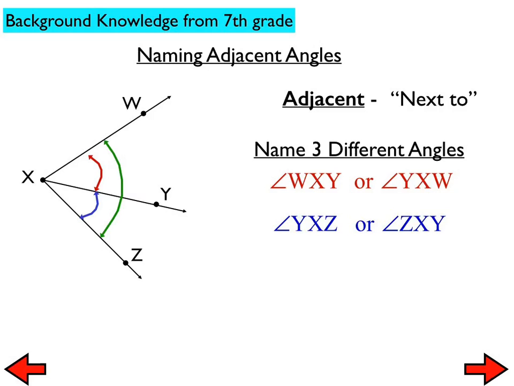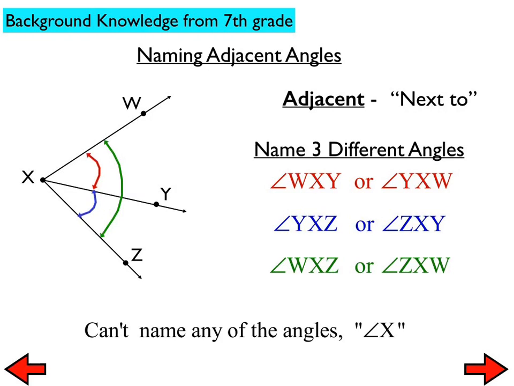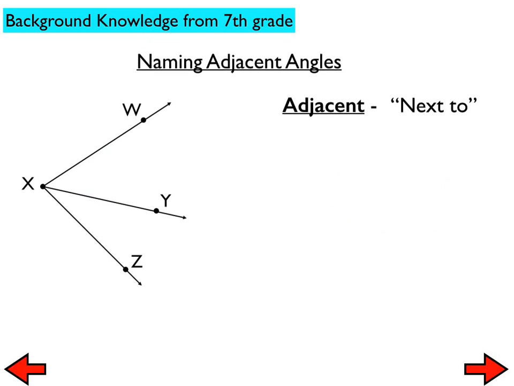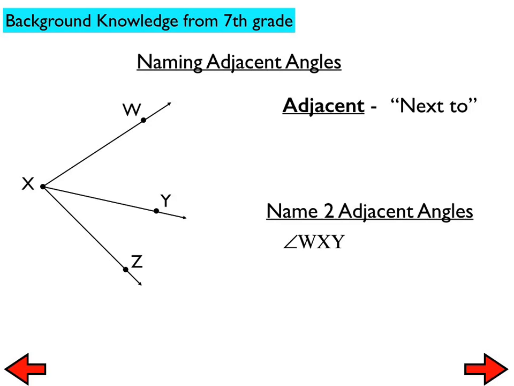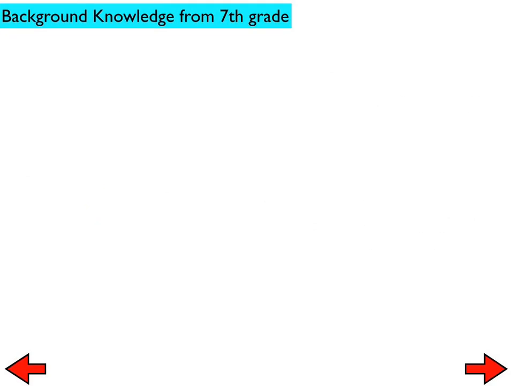Once again, this is all from 7th grade. Backing up a second, I mentioned we can't name that angle X, because if we say angle X, we don't know which angle we're really talking about. These two angles right here are adjacent to each other. They're next to each other.